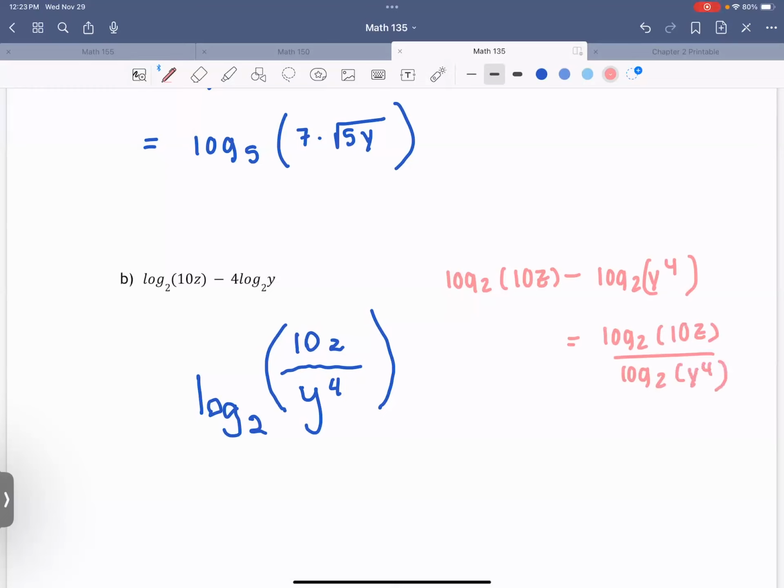That's not okay, right? We're trying to condense it into one log, not write two different logs. So this would not be correct as your final answer, because the division goes on the inside of the log, not on the outside of the log. I didn't see anyone make that mistake in here, but I saw it a lot in my 8 a.m.